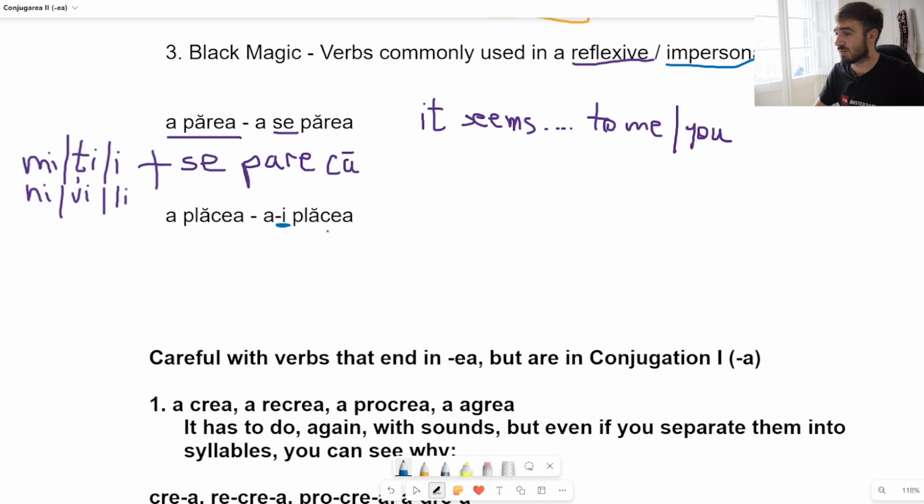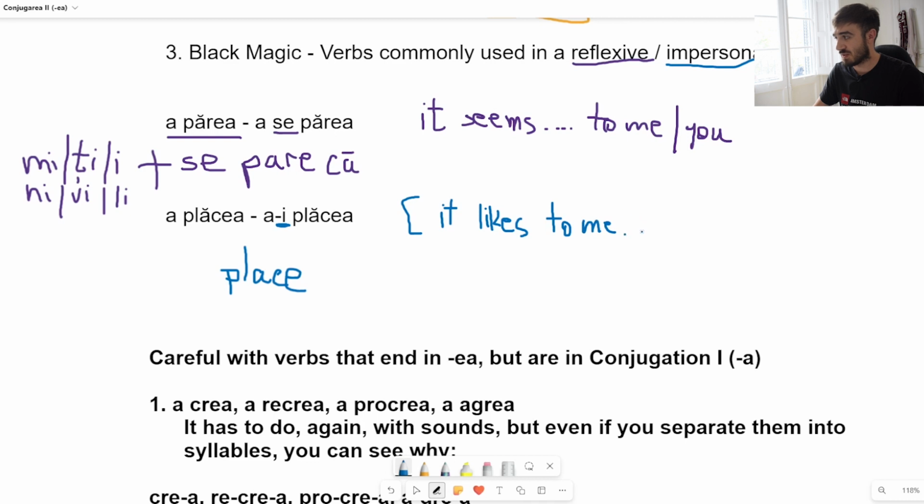And in order to use it, you do a conjugation first, yeah? So you have plac, hopefully you are aware of that already. And place, because in Romanian you actually have the logic of it: likes to me.